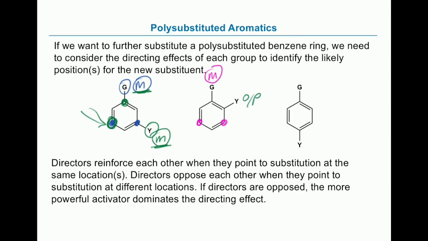Green, ortho-para, says I want to go here, here, here, or here. So where does the group go if that's your distribution? What's your pattern say? Green, green, or pink, green? Again, it's reinforcing. So we got 2 options.